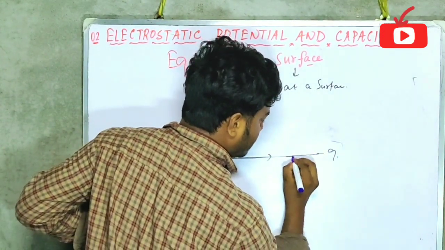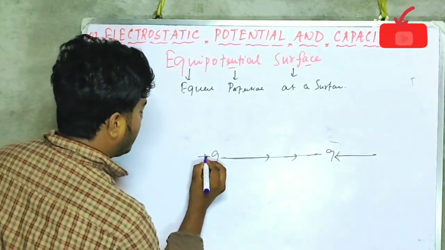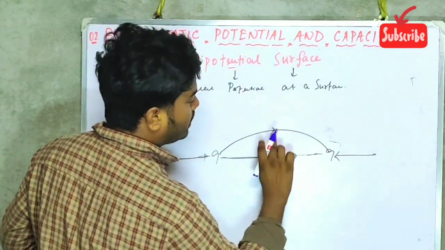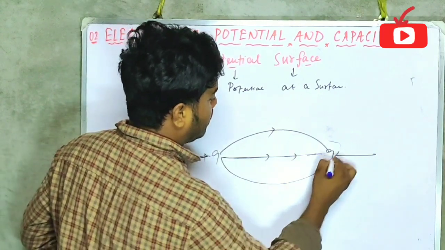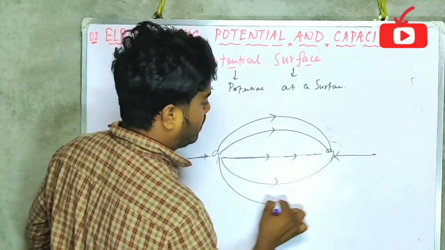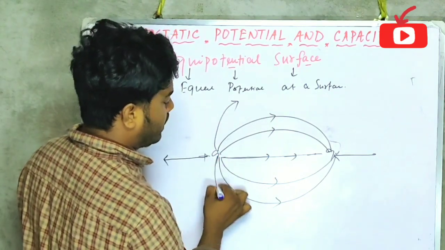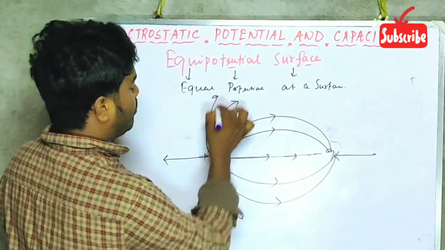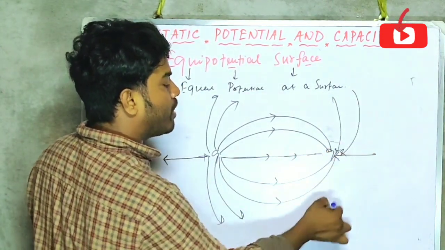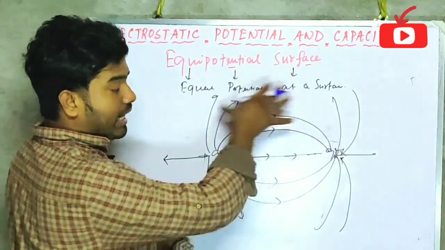So the direction is the same. Outward here, inward in this case. Okay, so this is the electric field line.